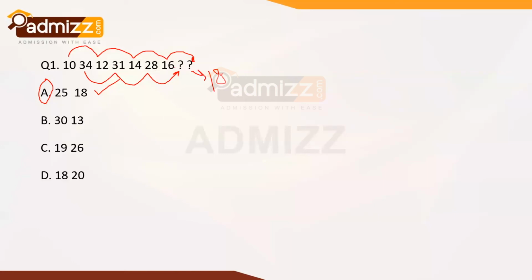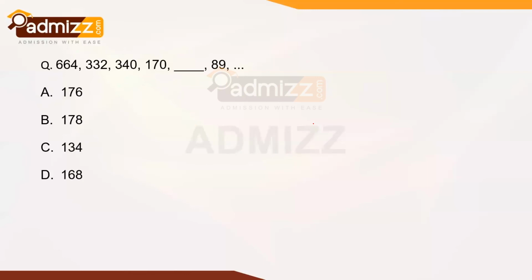So 28 and this question mark must differ by 3. So the only possible option for this is 25. So the answer must be 25, 18, which is option number E. I hope it was clear right now. Cool. So we'll be moving on to the other problem.